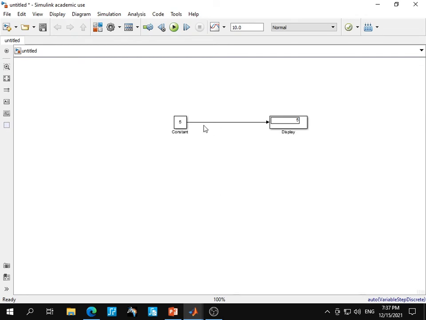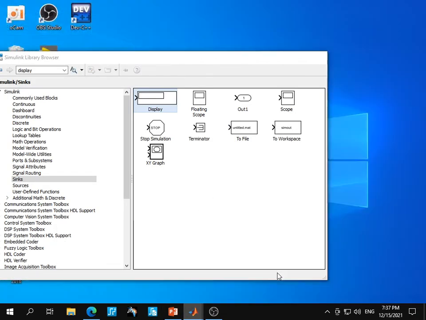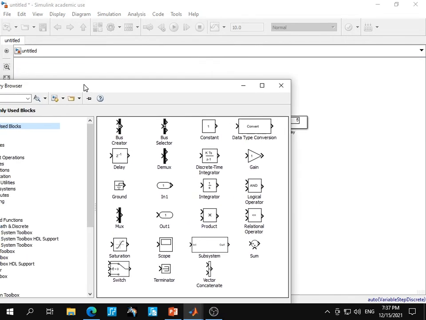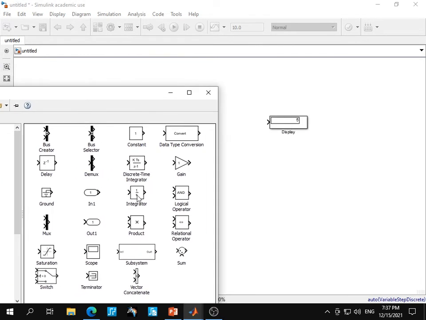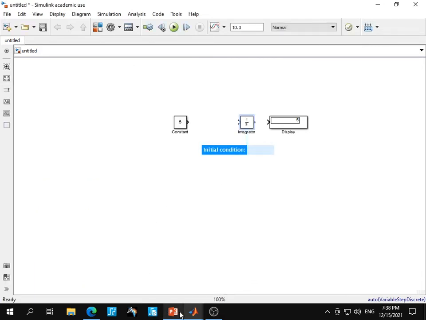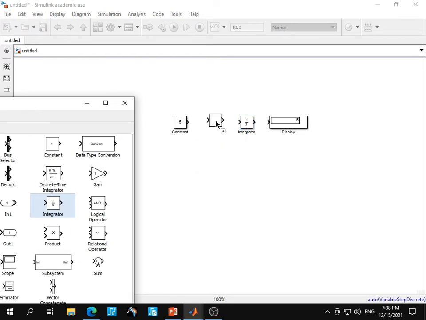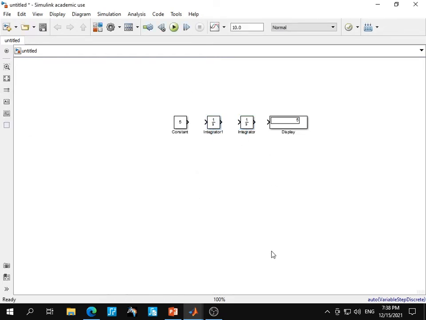Which means 5 is now not going straight to your output. You need to integrate it. So you need to put 2 integrators and connect it through.